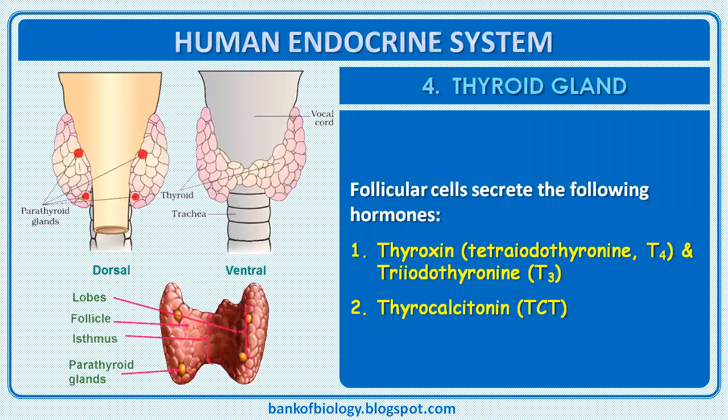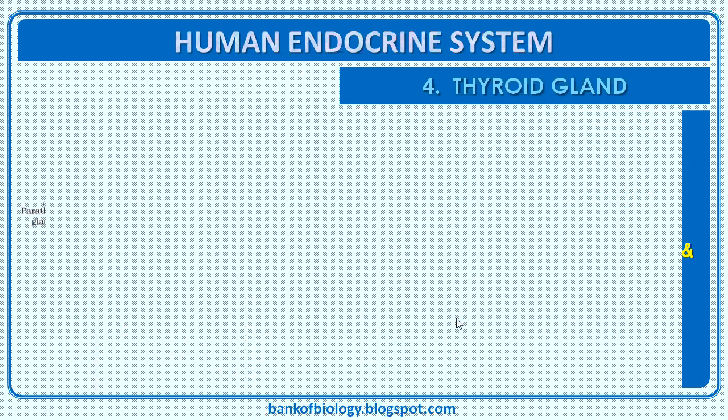By chemical composition, we can classify it into two: T3, triiodothyronine, and T4, tetraiodothyronine. Along with that, we find one more hormone, calcitonin, from the parafollicular cells of the thyroid gland. Besides the follicles, some cells are present which secrete the hormone called calcitonin.